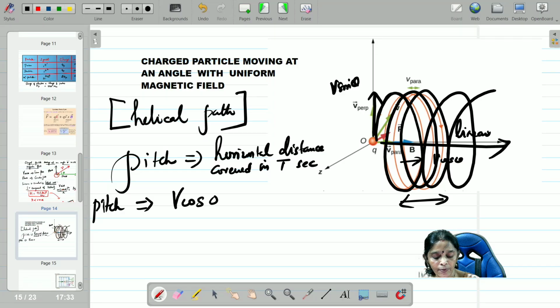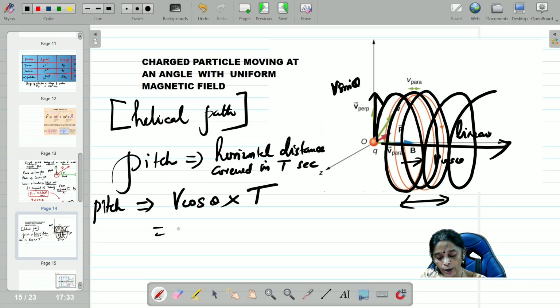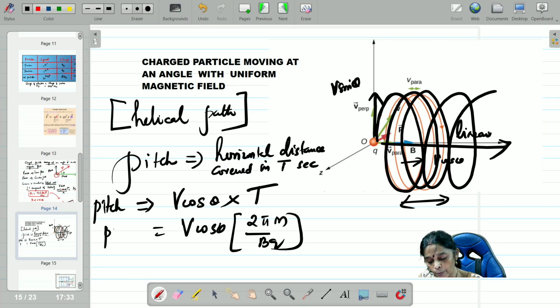What is the horizontal velocity? v cos theta into T. What is T? Just now we found out T. T is 2 pi m by B q. So therefore I can write v cos theta into 2 pi m divided by B q. That is all. Pitch we found out. So hope you understand, children.